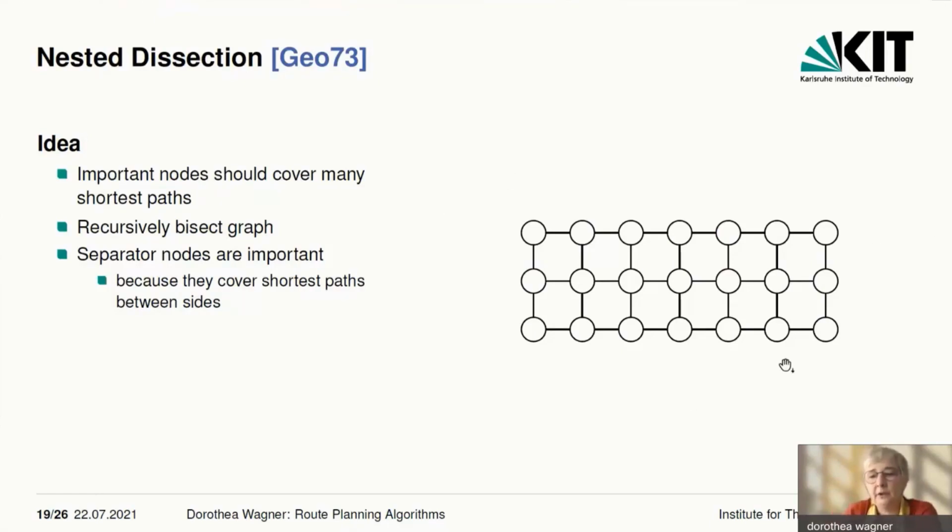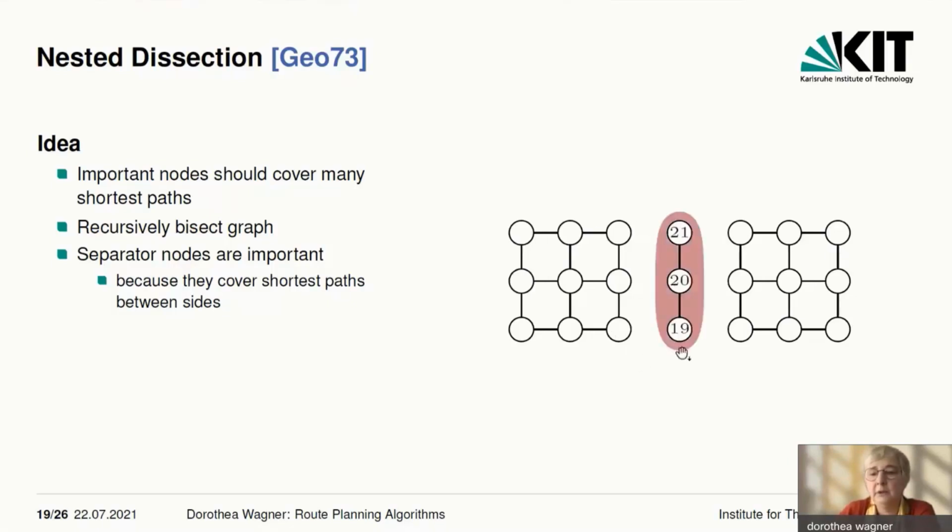Let's look at this toy example. Nested dissection on this toy example is the following. We want to separate the graph into two parts of equal size by deleting a small set of nodes.